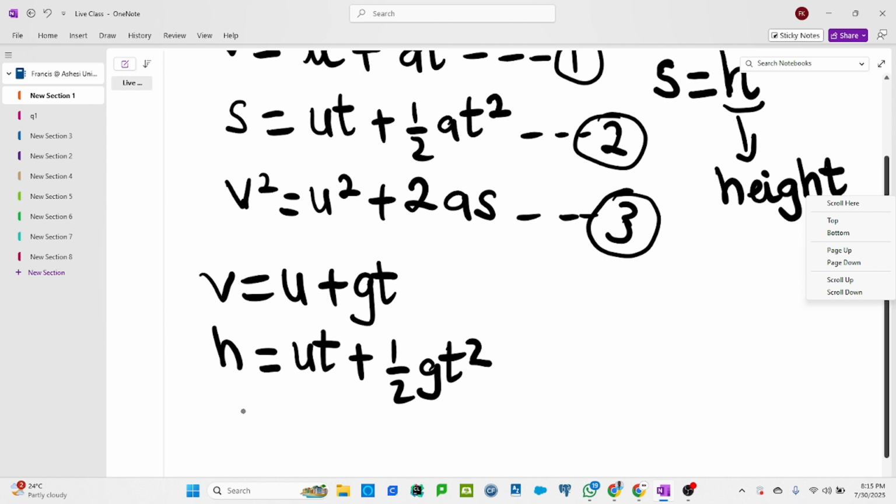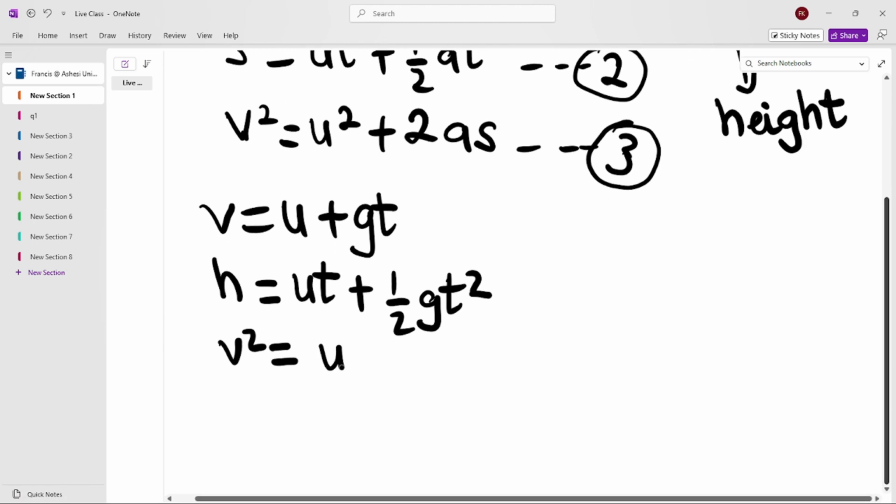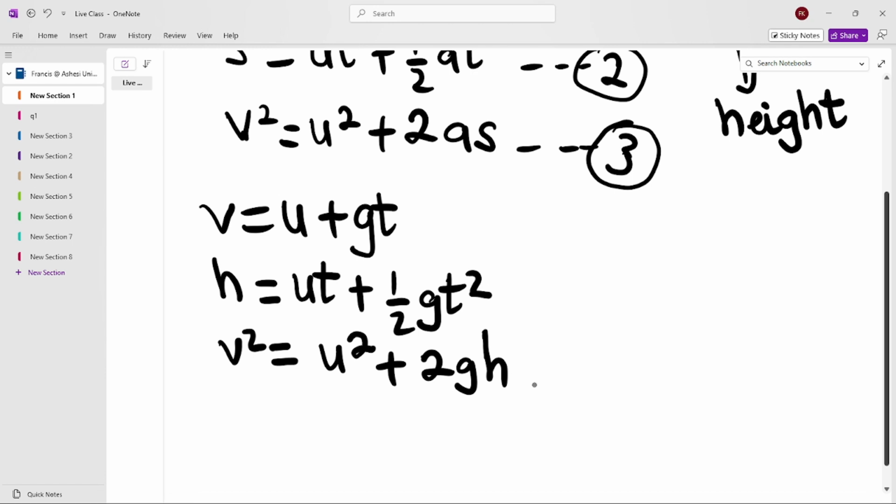What about the last one? For the last one, we have v squared is equal to u squared plus 2gh. Okay, sure. Thank you very much. Yeah, that's correct.